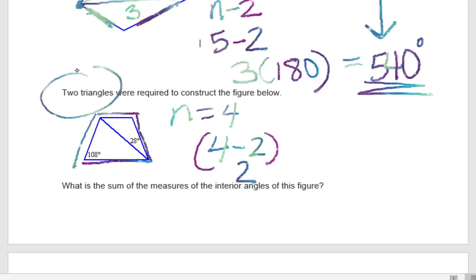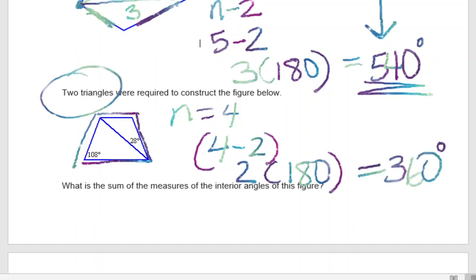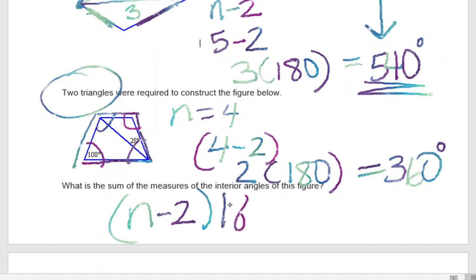So there's the 2 triangles. Times 180 is 360. So this figure has a sum of 360 when you add all 4 angles. So again, n minus 2 times 180 equals the sum of the interior angle measurements.